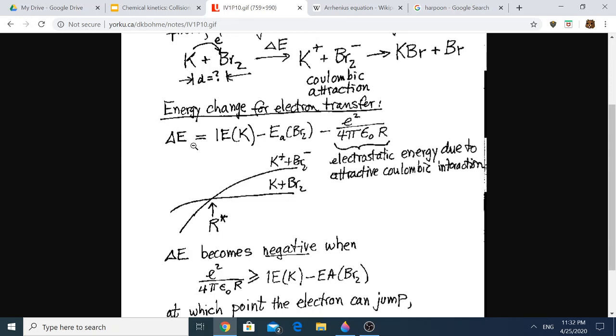So at the point where delta E is 0, when it crosses the x-axis, that is when the process will start to become more and more energetically feasible.